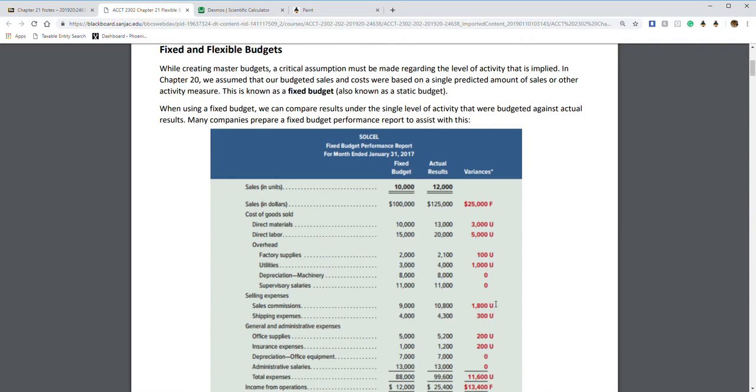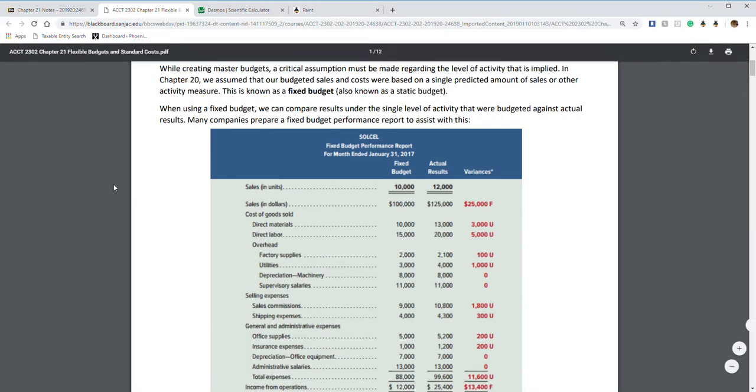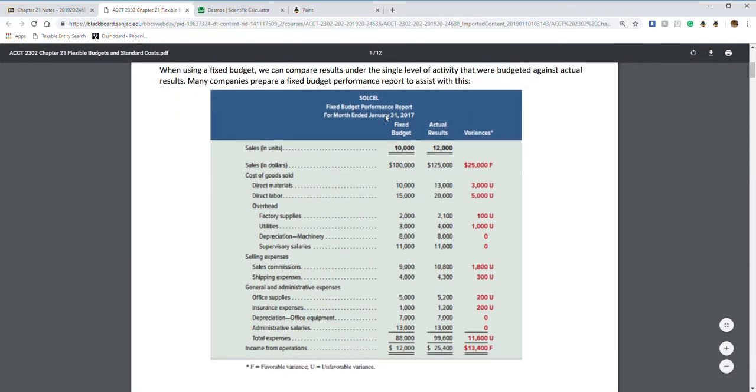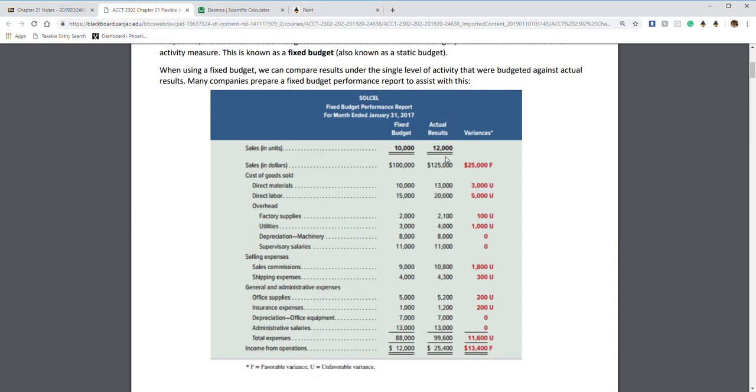The problem with using a fixed budget is that it becomes very hard to compare. The reason why, when we look at this, is that right here you have 10,000 units, and the fixed budget's based on that, when our actual results are 12,000 that we sold.